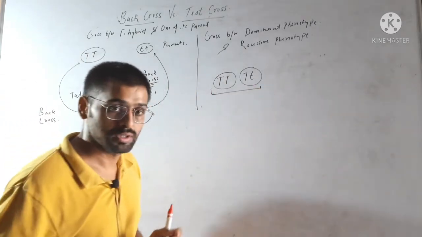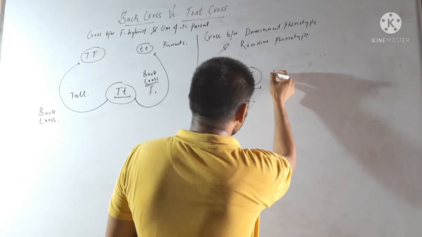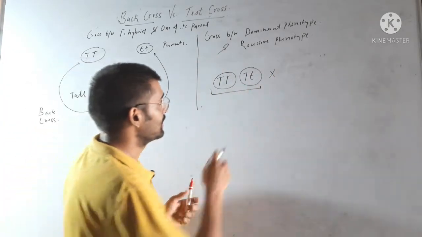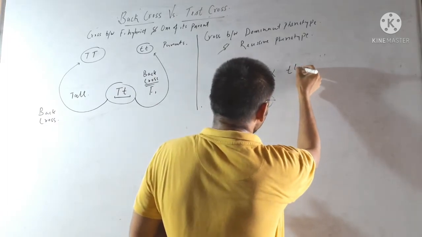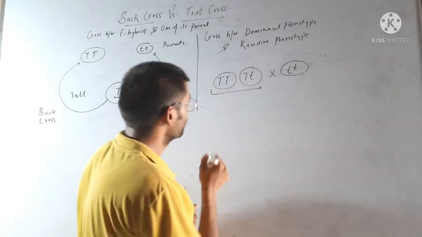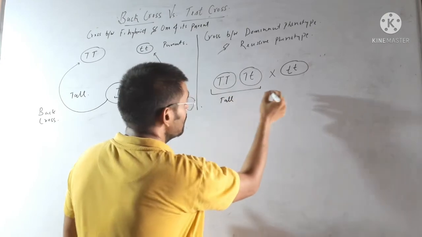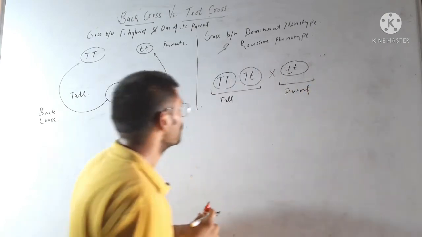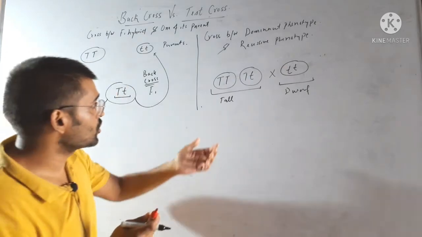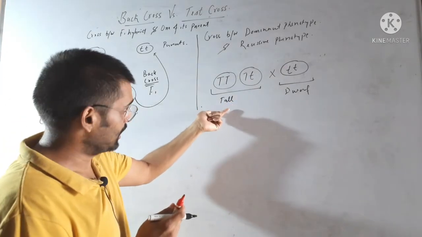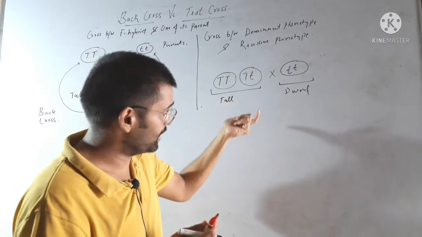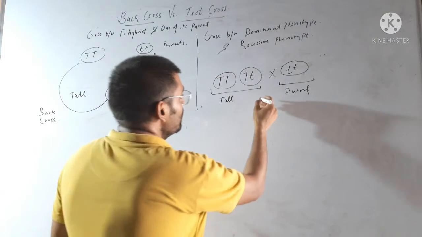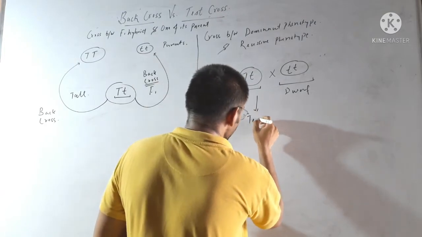When we cross any of them, it may be capital T, it may be small t, with the recessive phenotype. Tall, dwarf. So when we cross a tall phenotype, that is dominant, with a recessive phenotype, that is dwarf, it is called a test cross.